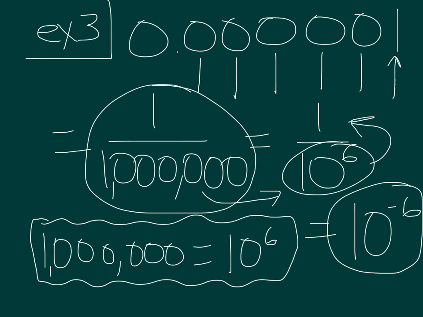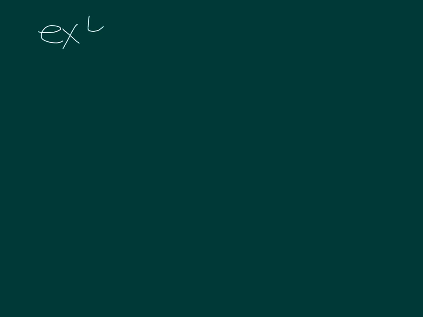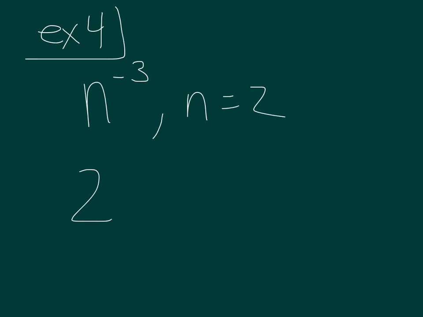Let's try example number 4. Example 4 says evaluate n to the negative 3 if n is 2. So this is 2 to the negative 3, which we know anytime we have a negative exponent, put this over 1, put it in a fraction.